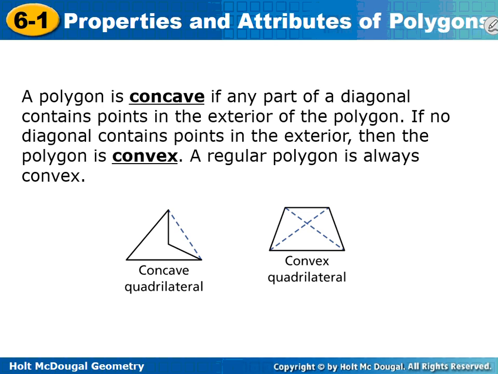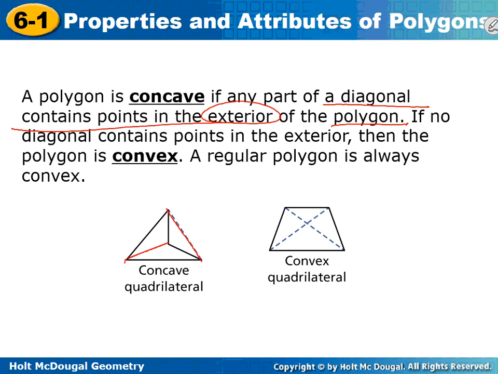That's not the definition they're going to give you. The definition they're going to give you is it is concave if you can draw any diagonal and the diagonal lands outside the polygon. So even though this diagonal, oops, not that diagonal, that's not a diagonal. Even though this diagonal is inside the shape, because this diagonal is outside the shape, this is concave.